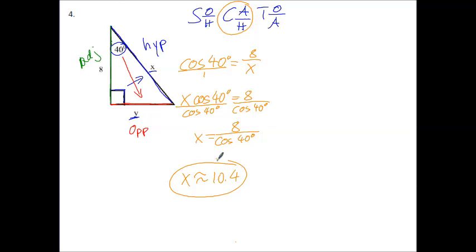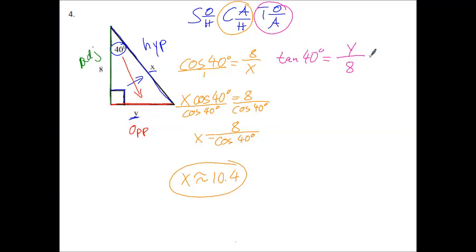Next, we're supposed to find y. y is the opposite side, and we still have the adjacent given, opposite and adjacent. That means that we need to use the tangent. The tangent of 40 degrees is equal to y over 8.